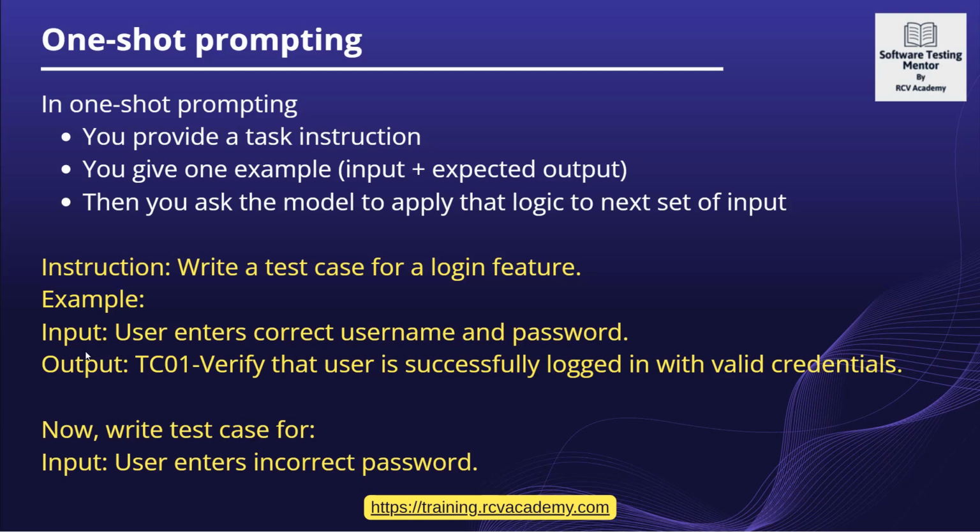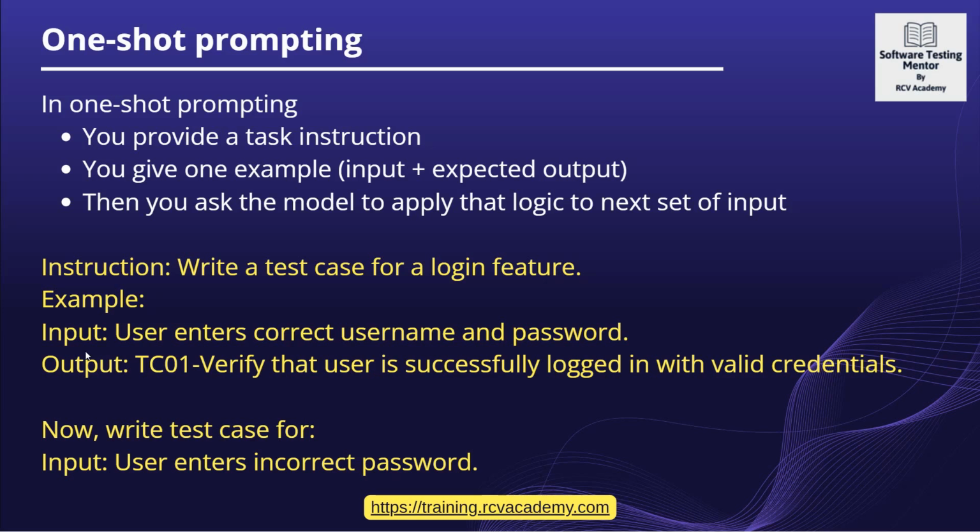Now some of the limitations: sometimes there will be hallucinations, and it might not be able to handle complex or edge cases. Then the quality of the output depends on how good your example is. If your example, your input and output, is very clear, your output will be clearer as well. Also, if your instructions are not precise, you might not get a clear answer.